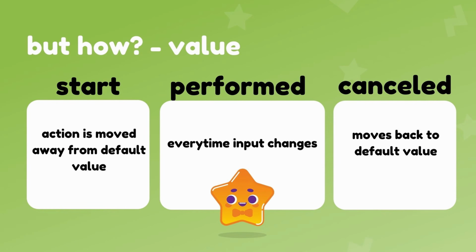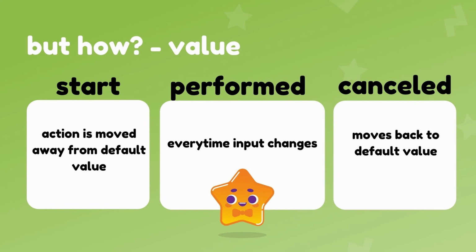Now with value, however, not only does it start the event, but it also performs the event every time the input changes. So every time the joystick is moved to a different location, the action is performed. So the first time when you move the joystick, it starts the action and it also performs the action, and it sends out those two callback events.